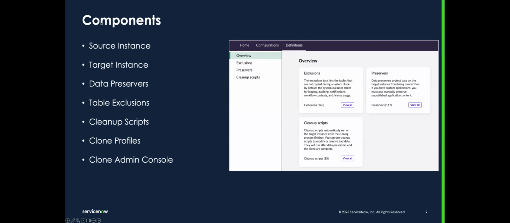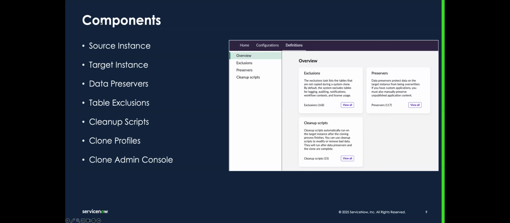So there's lots of different components of clone. We have a source instance where your data is coming from, a target instance. We have data preservers. That's the data that you want to retain on your target instance. We have exclusions, the data you don't want to copy over. Then we have cleanup scripts, which are automated steps the system is taking after the clone completes.